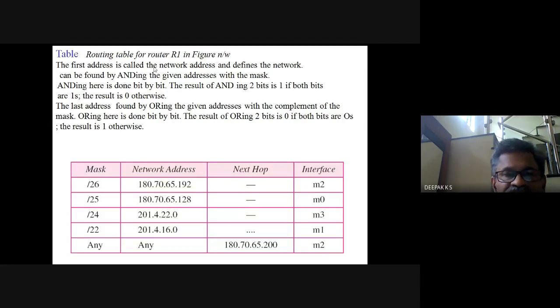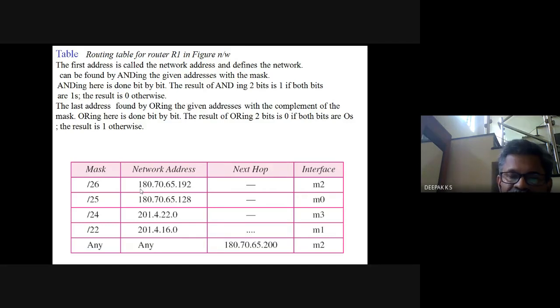The first address is the network address, and that defines the network. It is found by ANDing the given address with the mask. ANDing is done bit by bit, and the result of ANDing 2 bits is 1 if both bits are 1, and 0 otherwise.